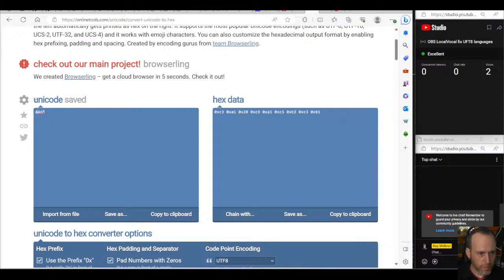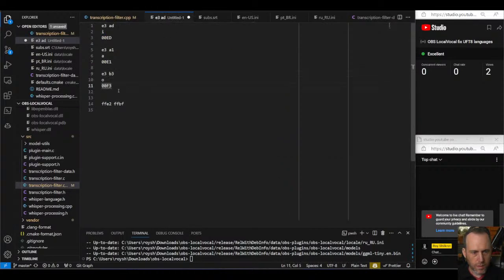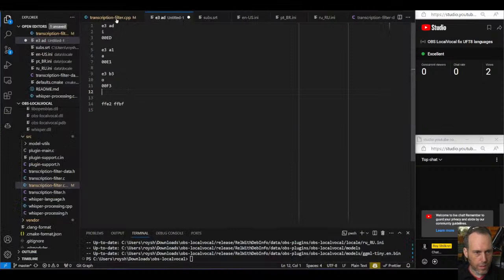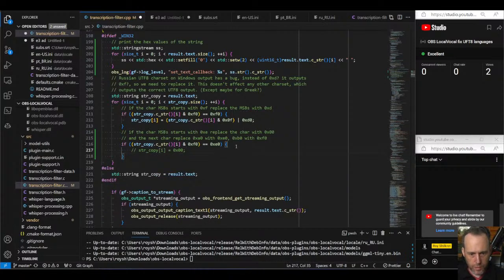Let's just condense them. So we got C3A1, C3A1, C3B3, and C3B1, which roughly tracks what we had in here, right? So we got A1, we got E3A1, E3B3, right? And if we just take that E3 and turn it into a C3, we should be good.